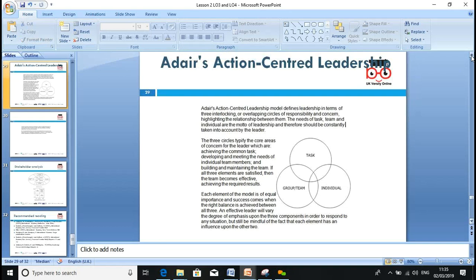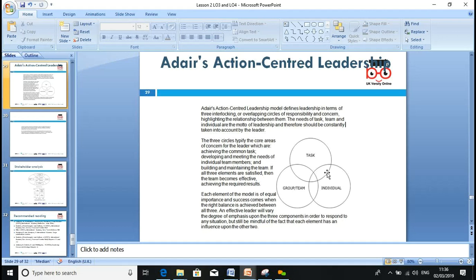the action-centered leadership model. This leadership model defines leadership in terms of three interlocking or overlapping circles. So we need to look at the task, the individual, and the group or team.